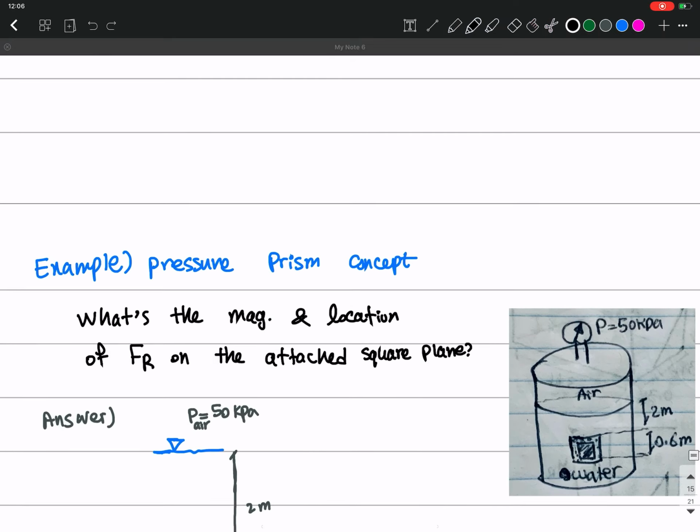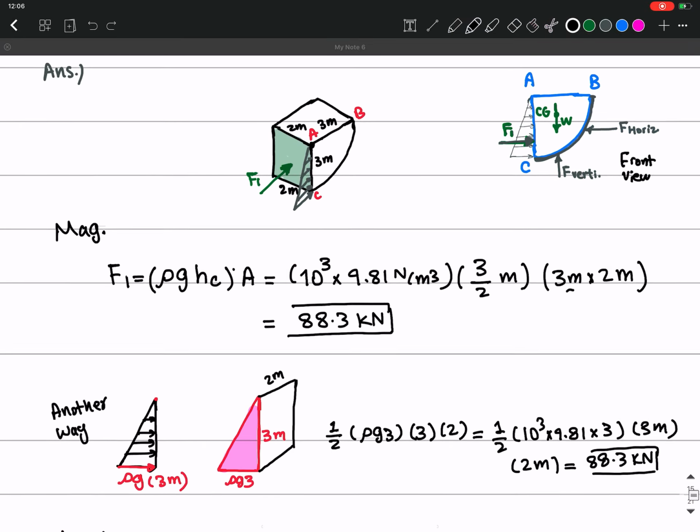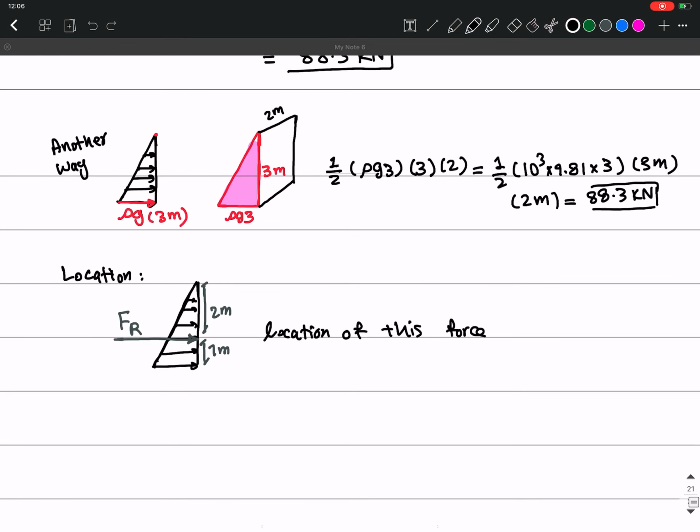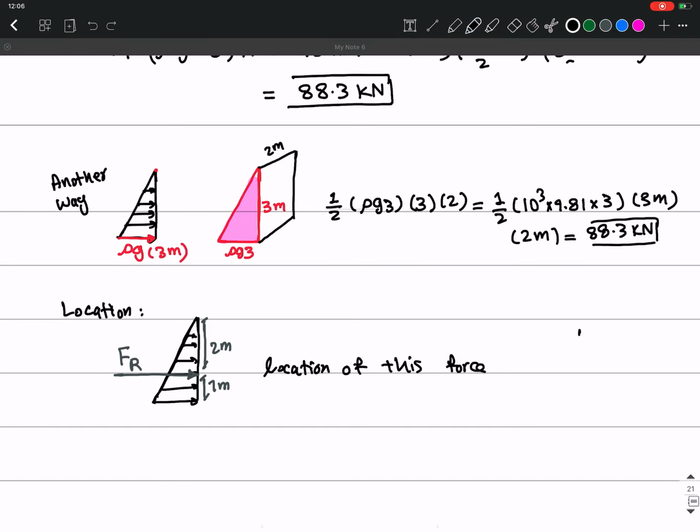The location of the force is going to be 1/3 from this side. So for example, if you have a triangle like this and this side is A, the location of the force is going to be 1/3, right?